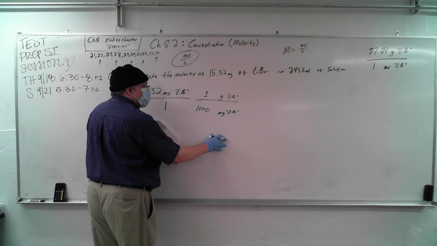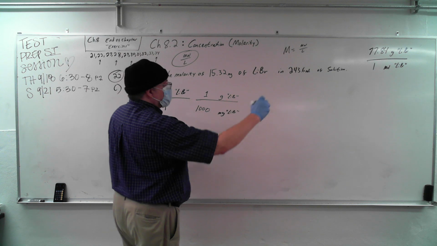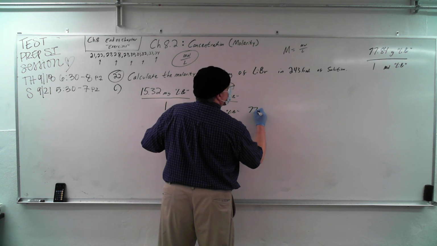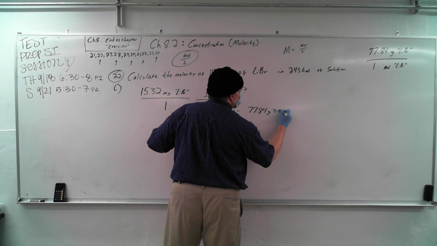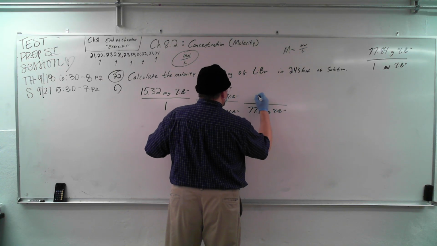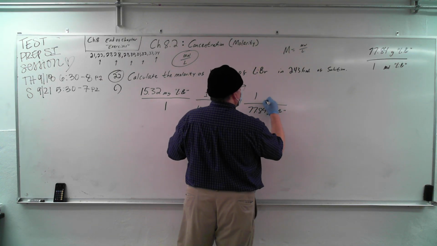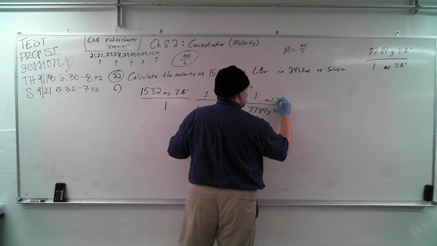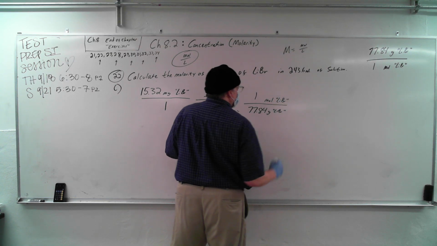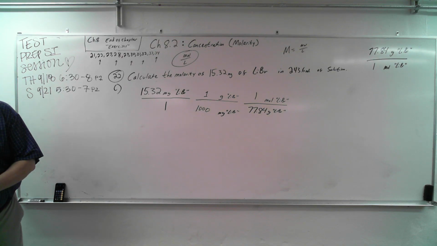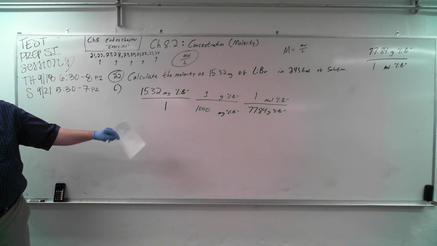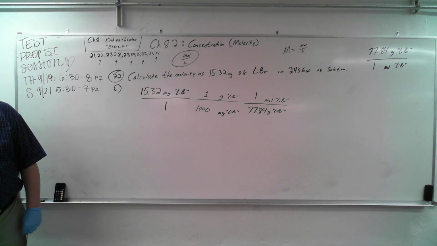Now we're in grams of LiBr. Now I can use this. There, now I've got moles of LiBr on top, which is what I want. Milligrams cancel, grams cancel, I've got moles of LiBr on top.